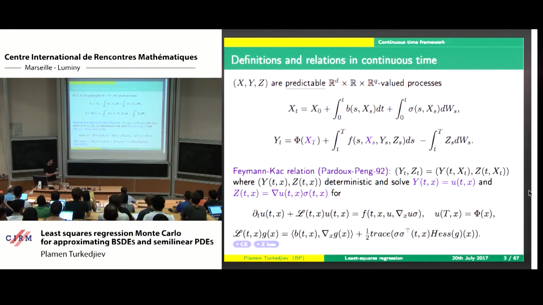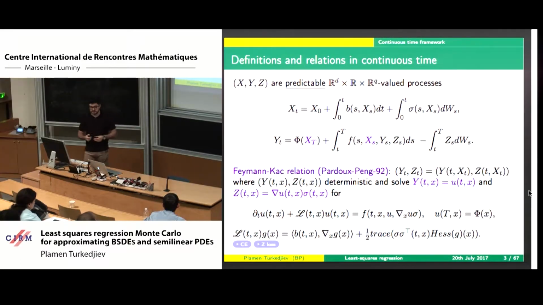So how is this related to PDEs? Again, we've seen this a few times already, but just to quickly recall and to put it into my setting, Pardoux and Peng showed in one of their first papers on this topic that you can express the solutions of y and z as deterministic processes of time and x.